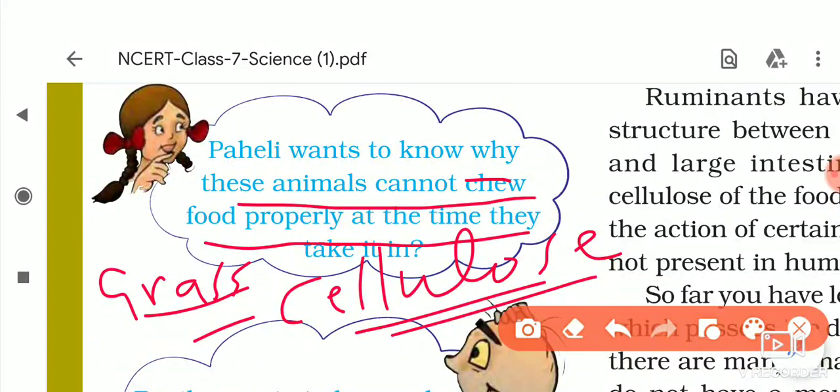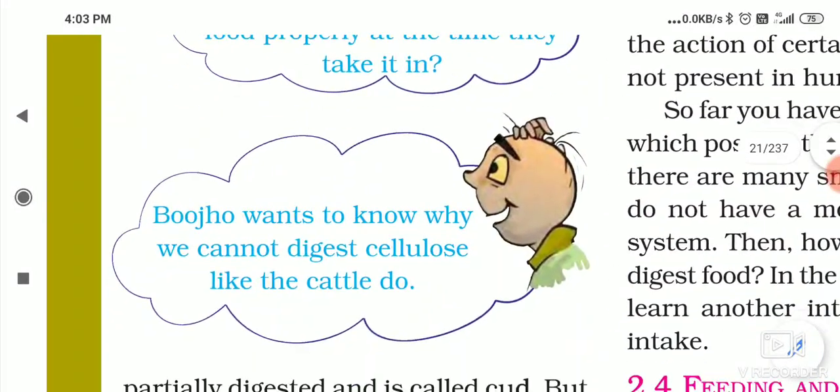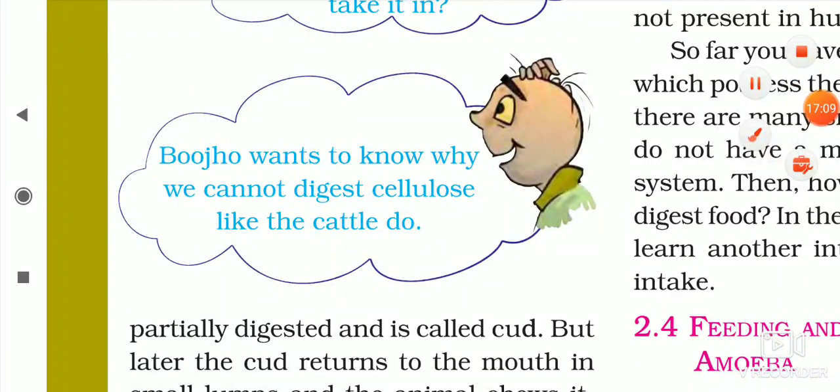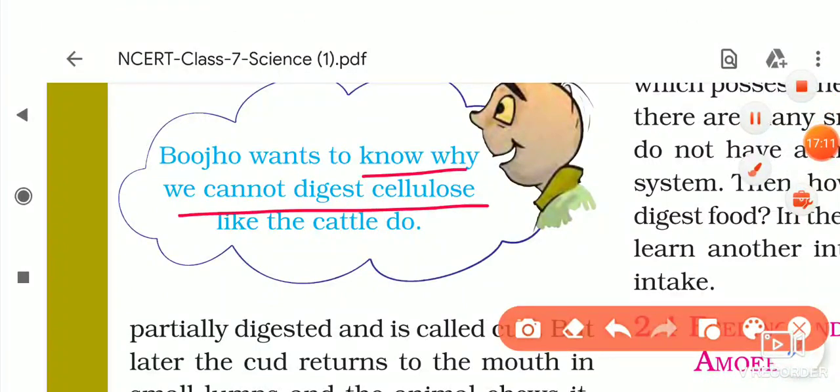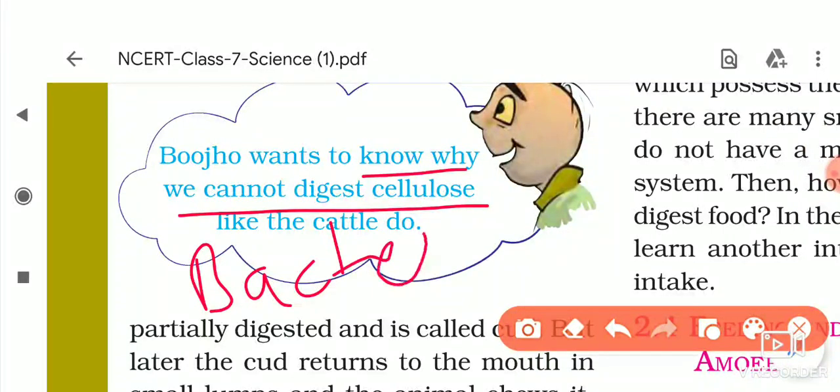First the food goes into the rumen, partially digested food called cud, then again in the mouth it is chewed, and then it passes to the reticulum, omasum, abomasum, small intestine and large intestine. Now Boojho wants to know why we cannot digest cellulose like the cattle do. Because we don't have cellulose digesting bacteria.